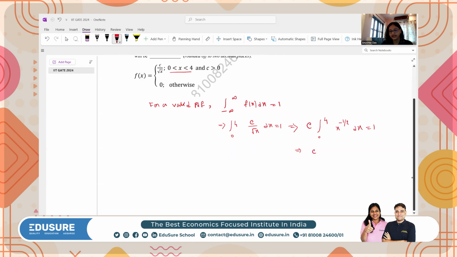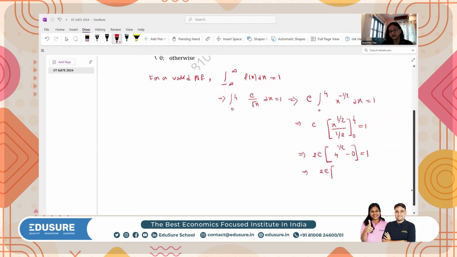Right? So c into x to the power minus half plus 1 is half. And here also you have half. Now you can take this 2 out here. And this will be 4 to the power half minus 0 equals 1.